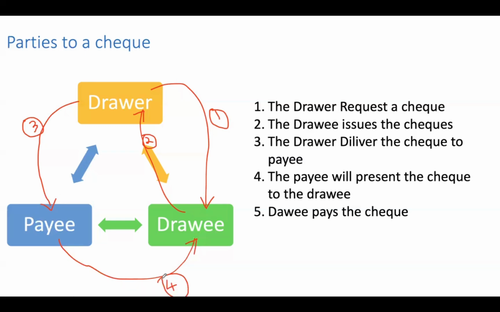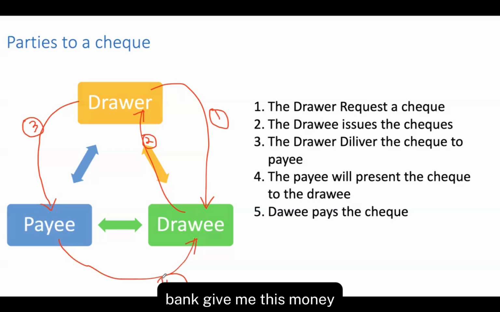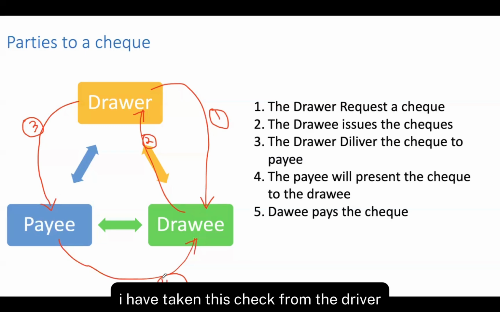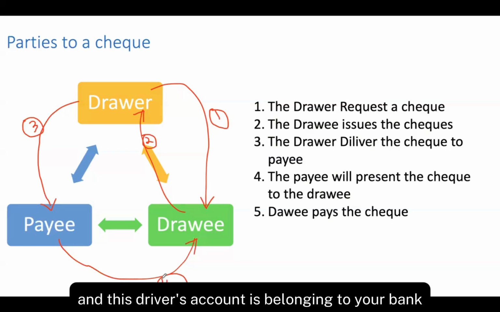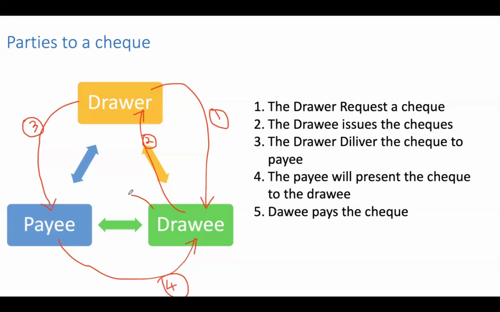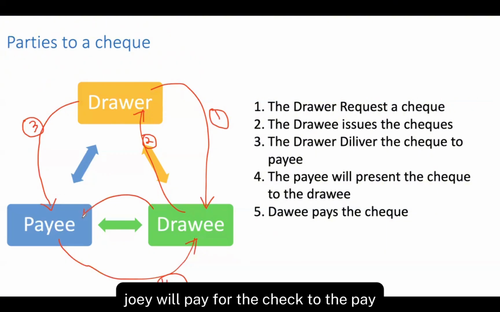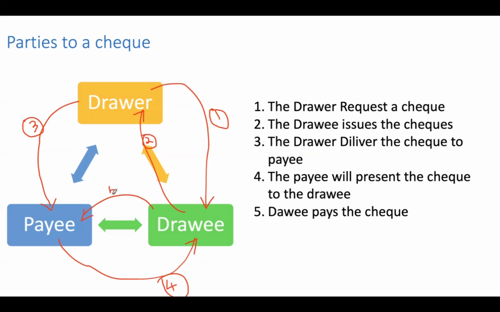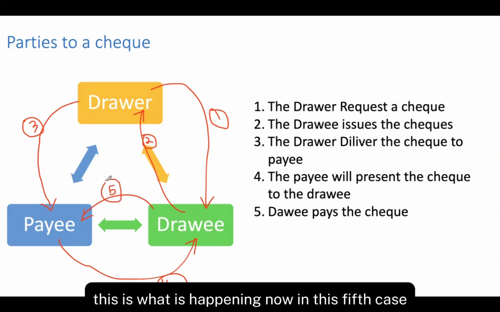Bank, give me this money. I have taken this check from the drawer, and this drawer's account belongs to your bank, so please pay me. Then the drawee will pay the payee for the check. This is what is happening.